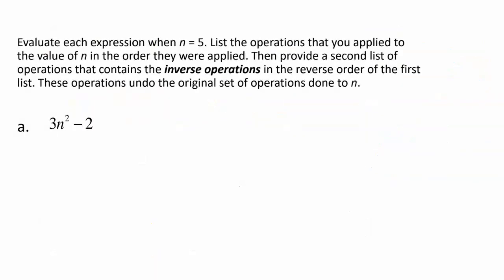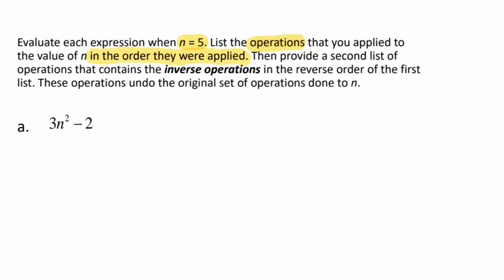Now notice what these two say. It says evaluate each expression when n equals 5. Okay, n is equal to 5. Now it says list the operations that you applied to the value of n in the order they were applied.